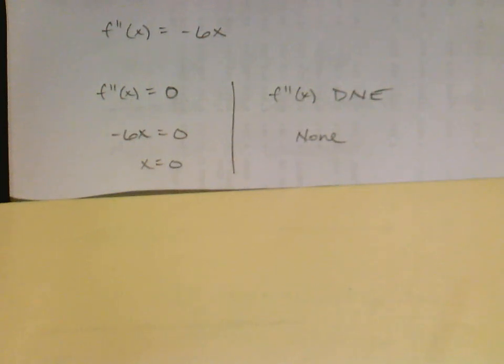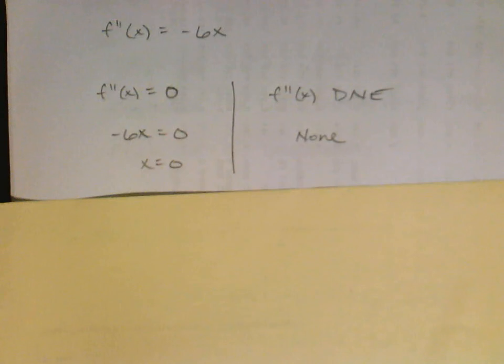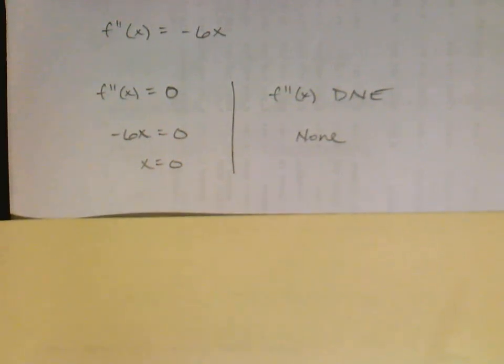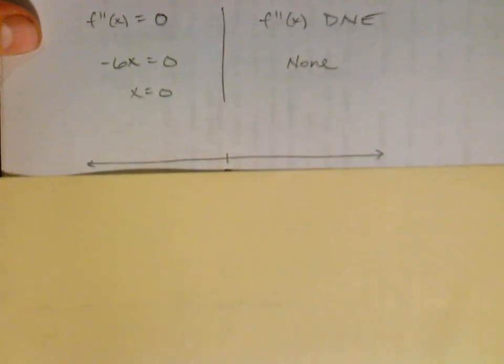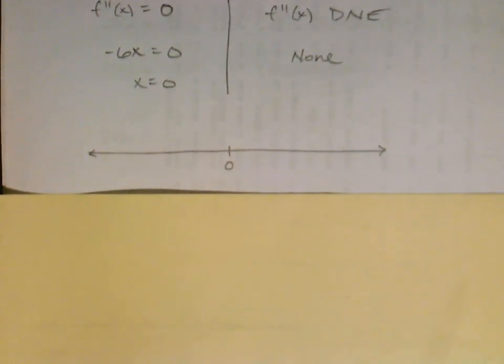Okay, so then the second step said, whatever you get for answers here, and we just have the 1, x equals 0, plot that on a domain line. Well, our domain for this function is negative infinity to infinity. So I've just gone ahead and drawn the entire number line.